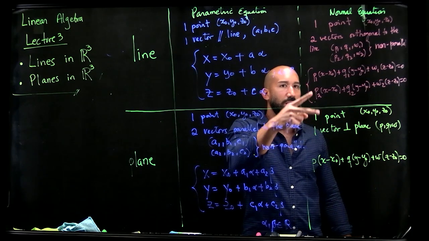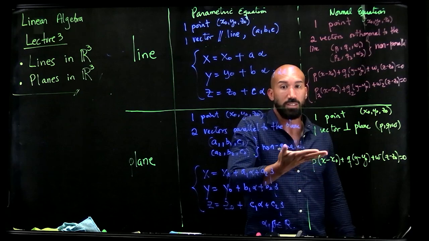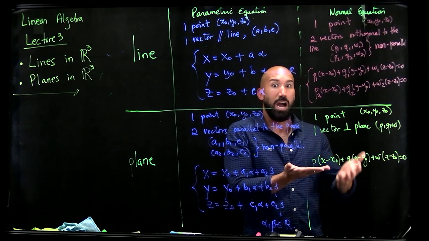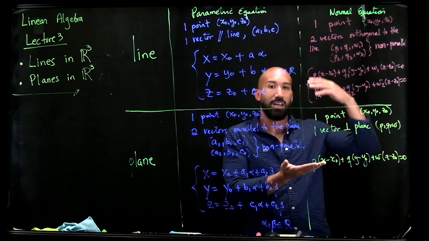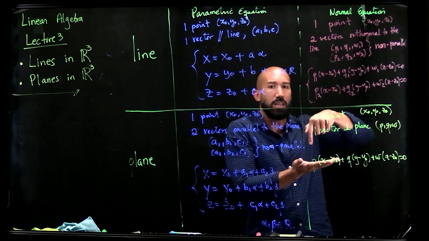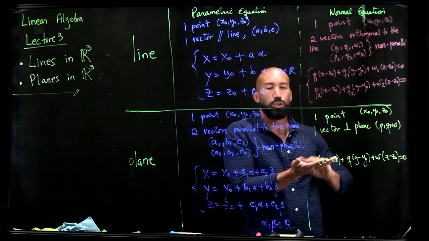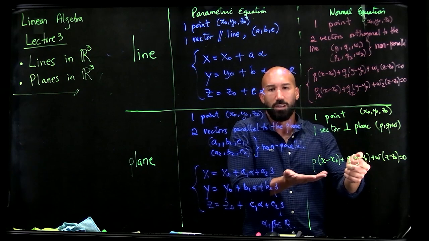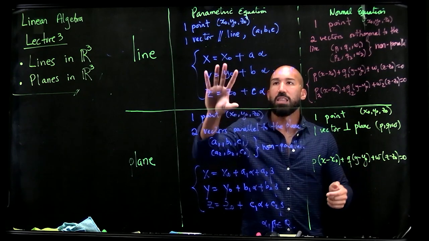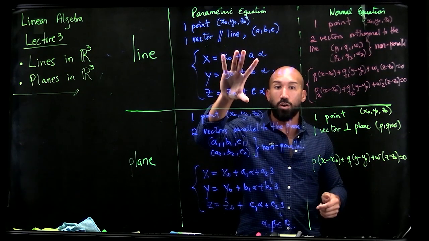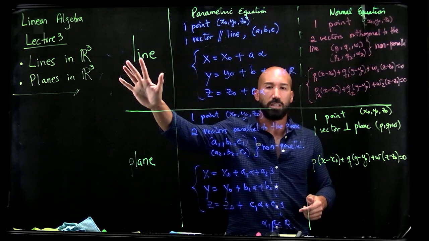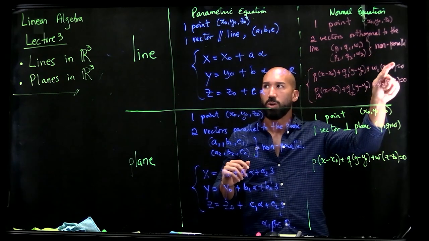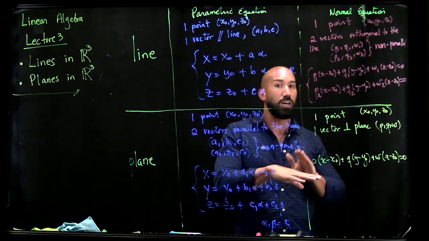Is that okay? And the plane is the opposite. The plane itself is a bidimensional object, and we have that plane inside a 3-dimensional object. How many directions do we need, from 2, to complete the 3 that we have in the ambient space? Only 1. Is that okay? So again, the number of parameters or the number of parallel vectors is the same as the dimension of the object that we are describing. The number of orthogonal vectors that we need for the normal equation is not the dimension.